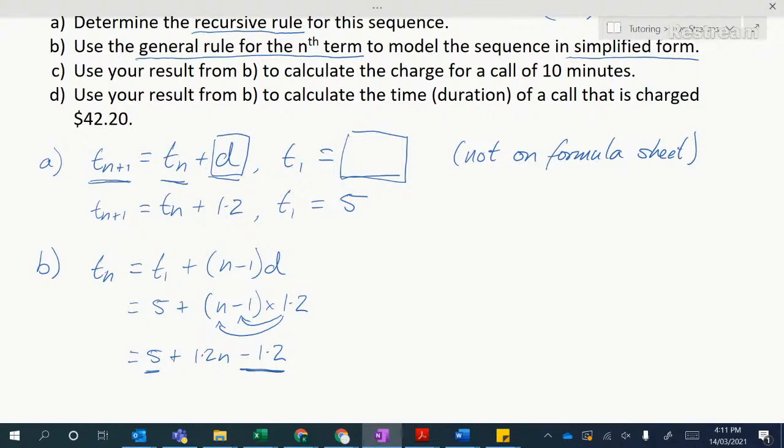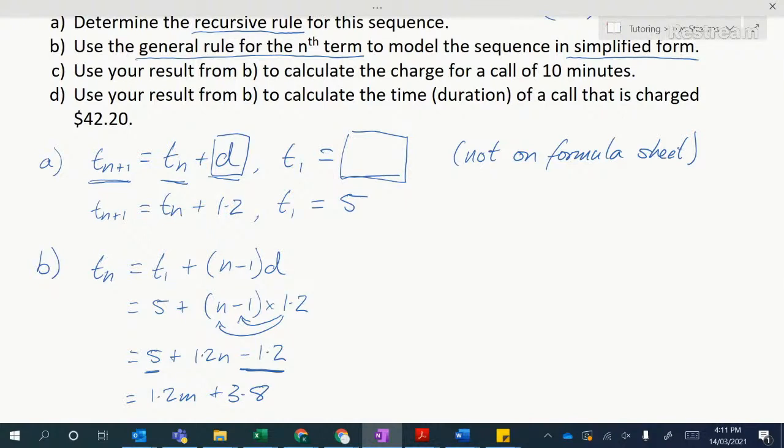So go ahead, have a go at writing this in its most simple form. You should get 1.2n plus 3.8 as your final answer there.